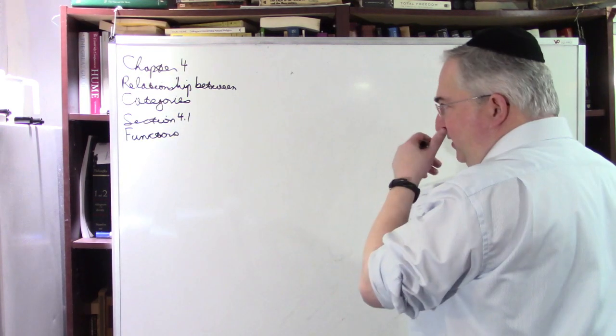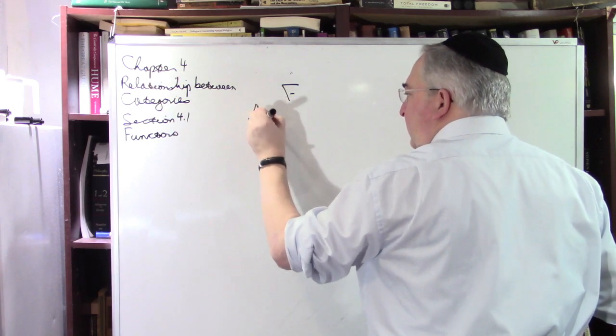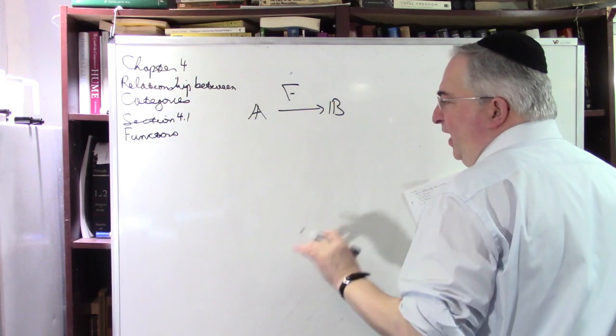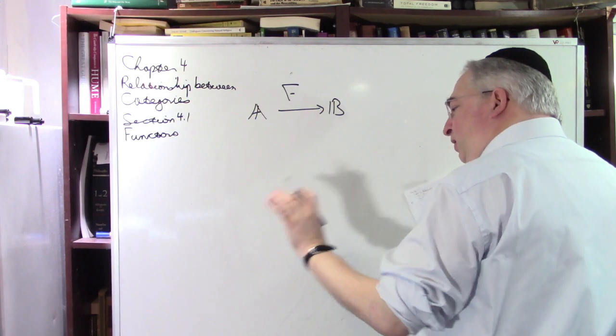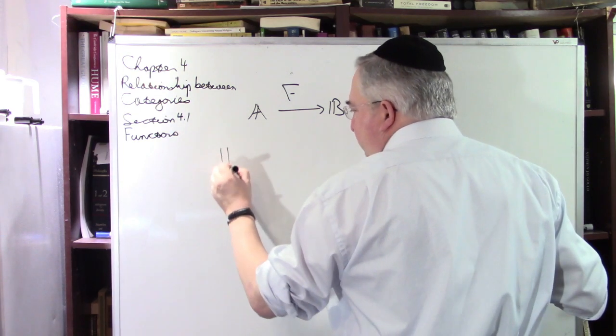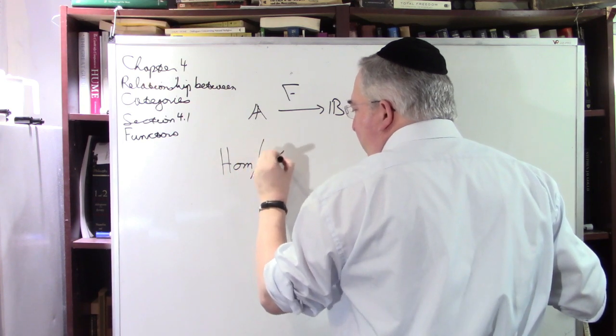Okay, next, for every functor from A to B, there's the following morphisms of Hom sets. We get as follows: Hom of little a of A comma A prime.